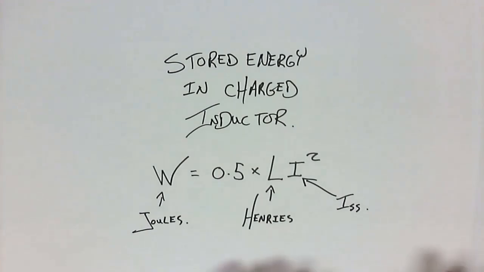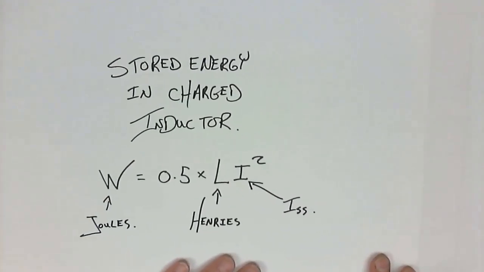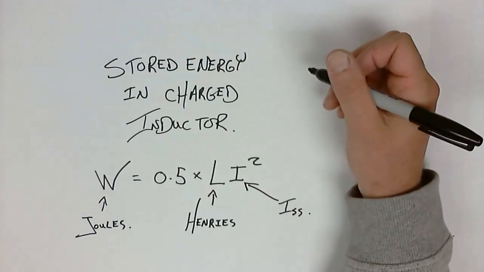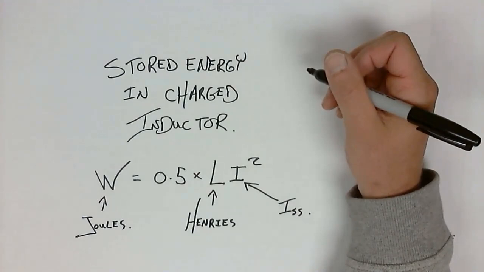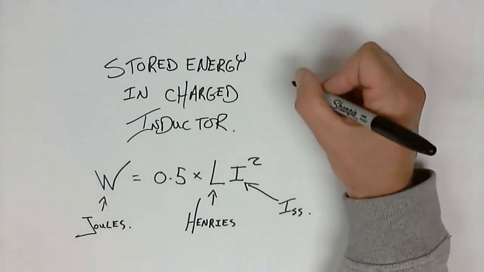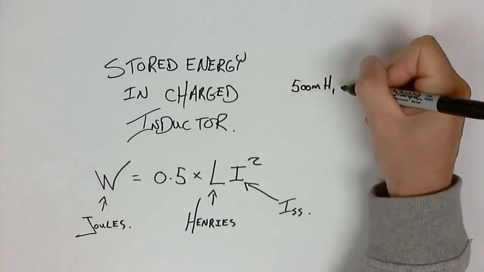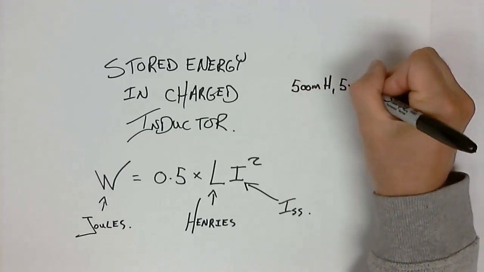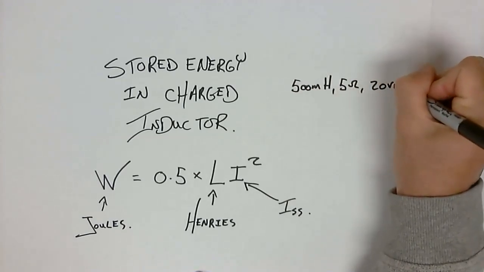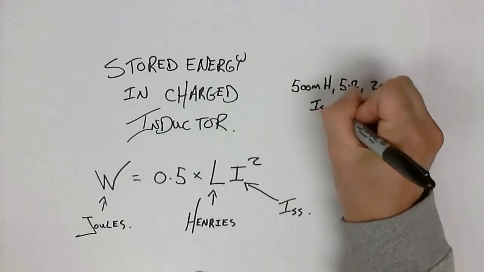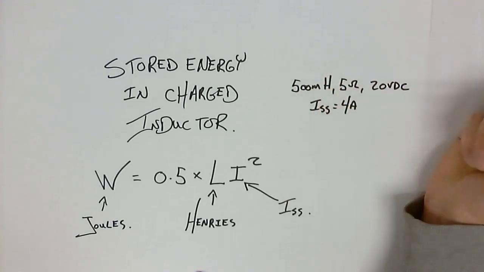So if we wanted to know what amount of energy was stored in our last example at steady state, remember our last example had us calculating a value from 500 millihenries and a 5 ohm resistor, 20 volt DC source. We had a steady state current of 4 amps.